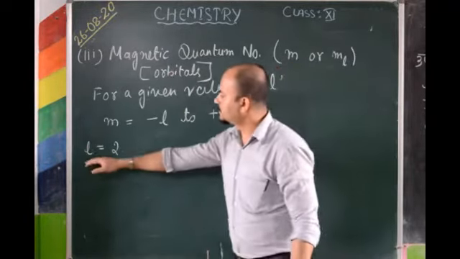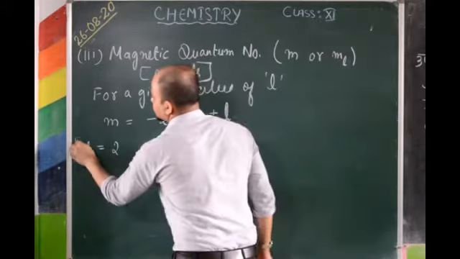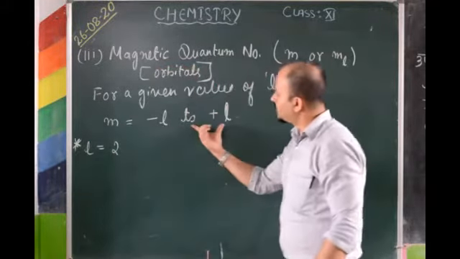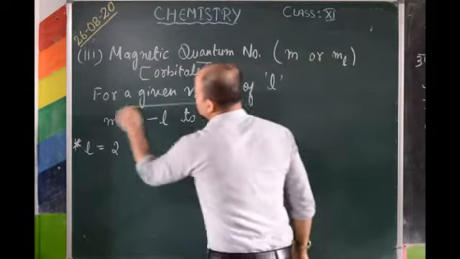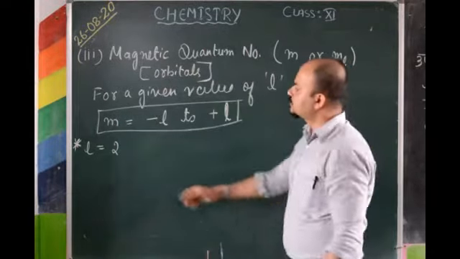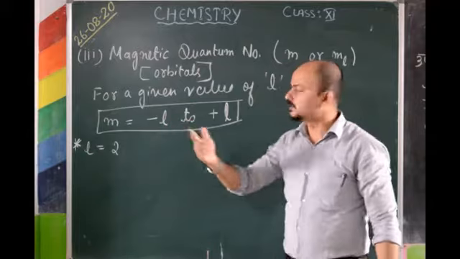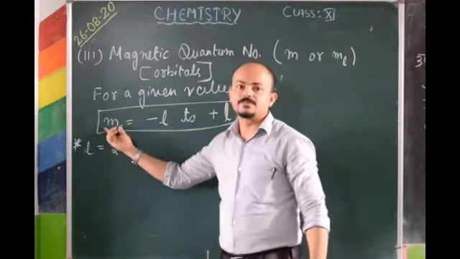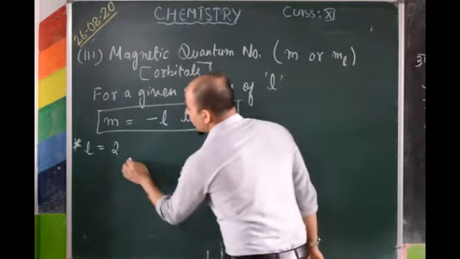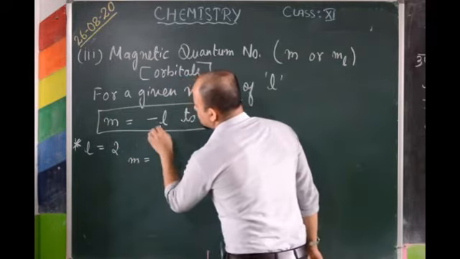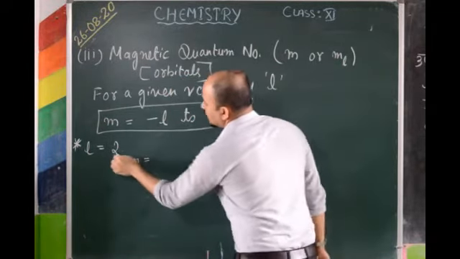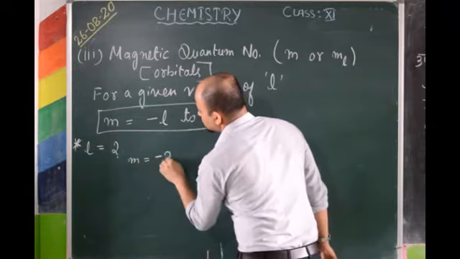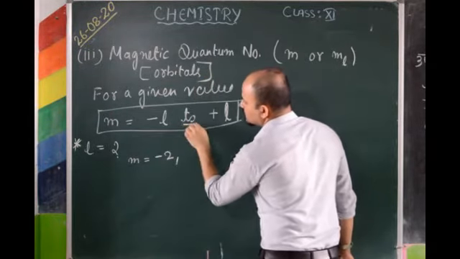Now for this particular example, if you follow this relation between the magnetic quantum number and the azimuthal quantum number, you will come to know the value of m. So it has to vary from minus l to plus l. Here it will be minus 2. Please don't confuse, this is 2.